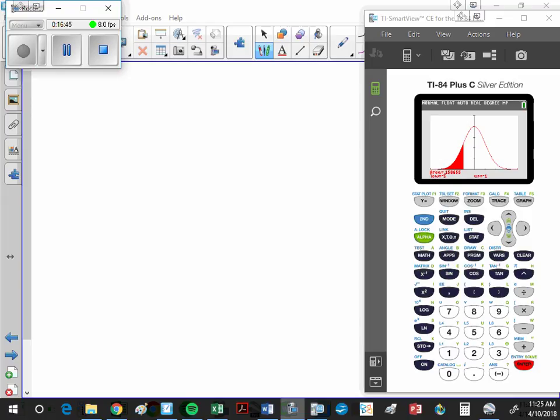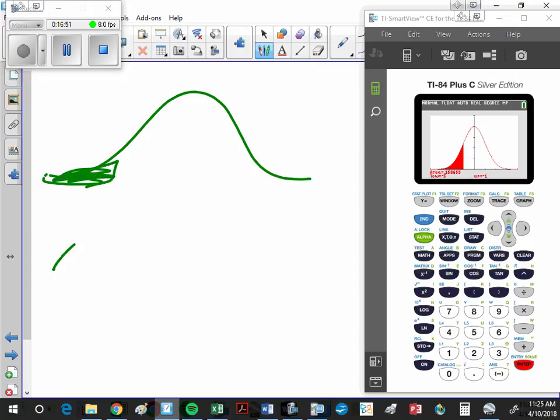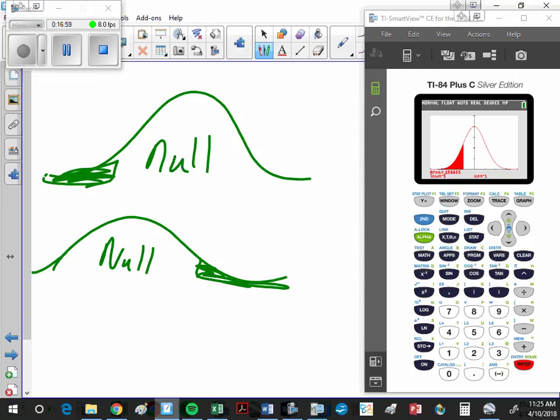Okay. So anytime, it doesn't matter where you're looking, whether you're on this side or whether you're on this side, this is always the null. And then this is always the alternate. So the alternate is either going to be 5% or 1%.